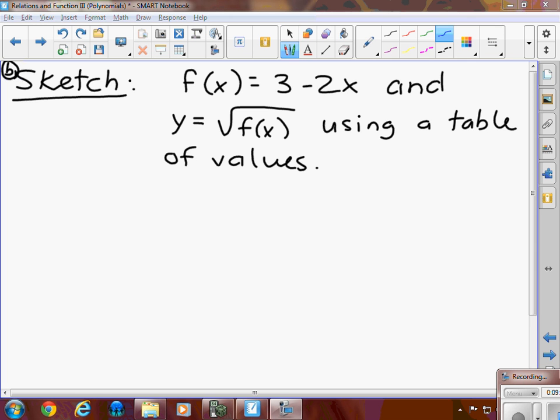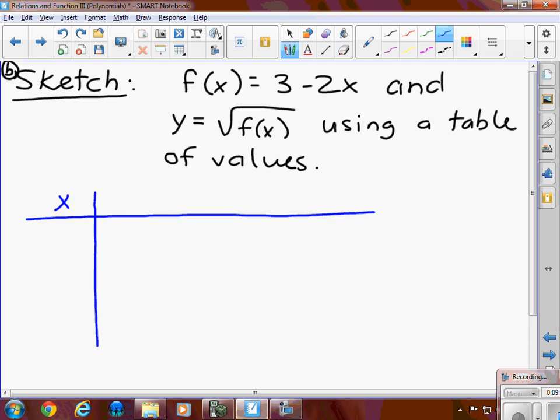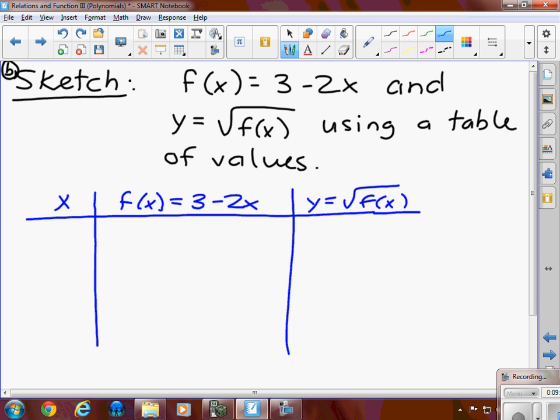So to start off the table of values for you, we just have x, then we always just include the original function, 3 minus 2x, and then the square root of that function, y equals the square root of f of x. You can see it's not that hard once you get the original function and its values. I'm going to let you choose some values of x, work through it. Okay, it's linear.